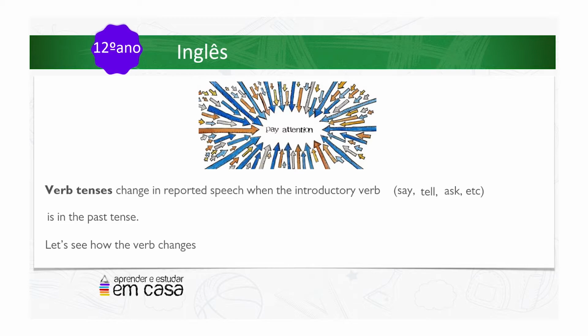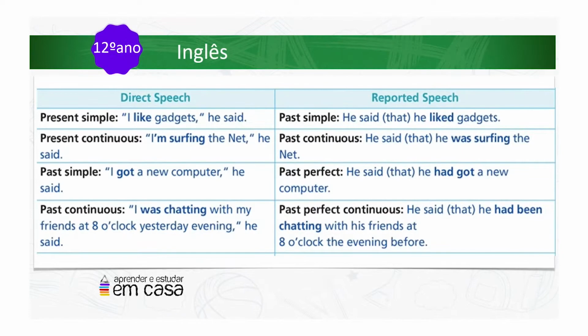So let's see the changes. When we change the sentence from direct speech to reported speech, there are many changes. One of the changes that we see is in the verb. Okay? So let's see how the verb changes. Present simple goes to past simple.